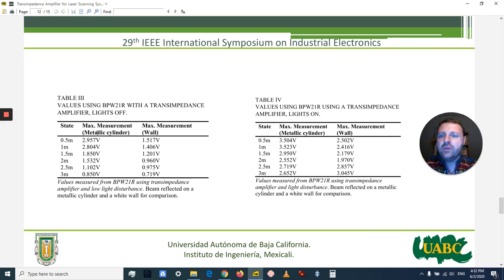As you can see, we also used two different surfaces, a metallic cylinder and an opaque wall. The metallic cylinder is more reflective than the wall, which is why we received, after amplifying the signal, more voltage than on the wall in both cases. You can also see that by increasing the distance, the voltage we received after the transimpedance amplifier is less than when you are near.